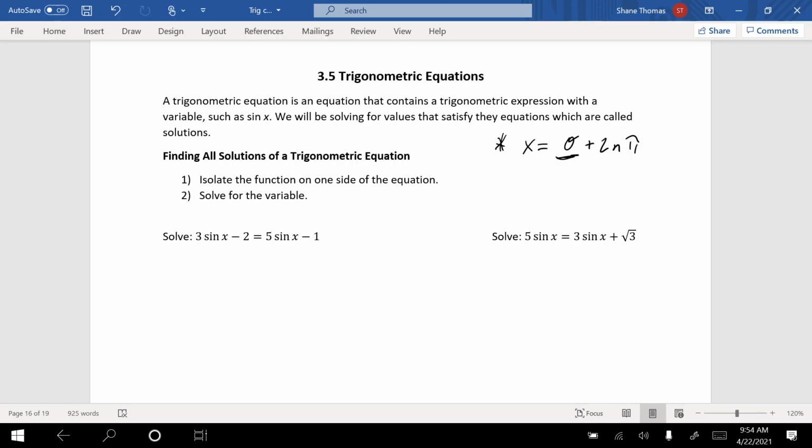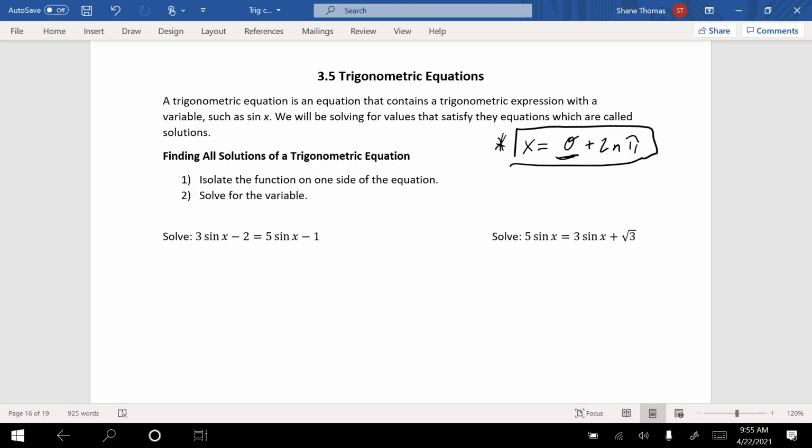Does that make sense? So we have to take this into account when we're working on something that has no boundaries, like we do in these first two. That's kind of a tougher concept to look at, but it's repetitive, so we just have to take this into account, 2n pi.